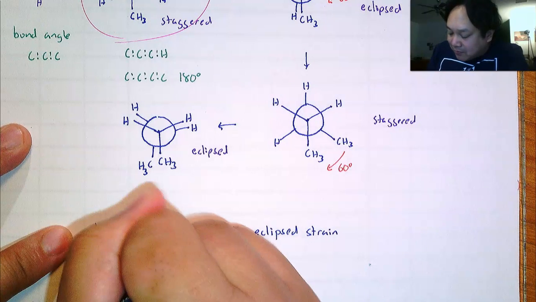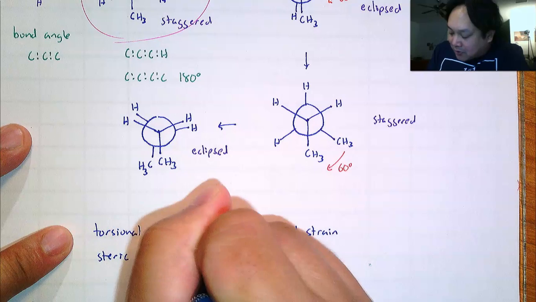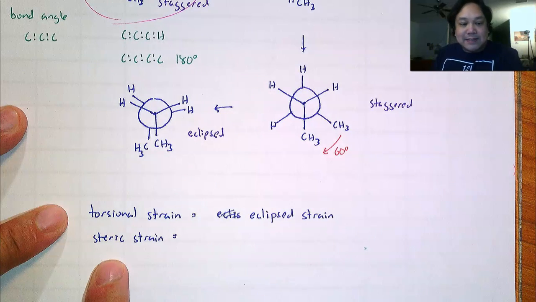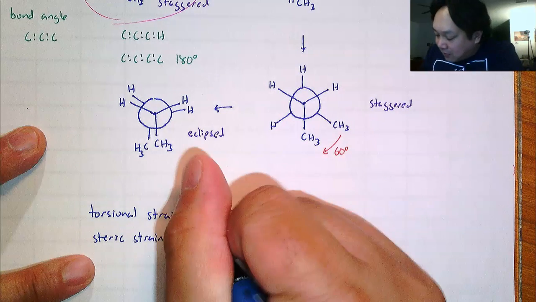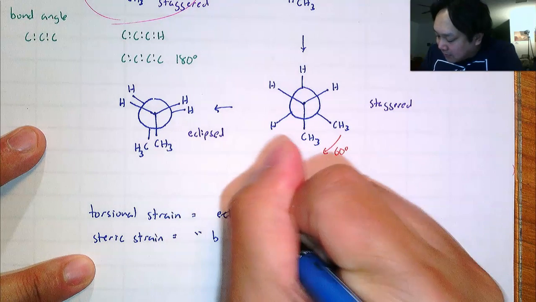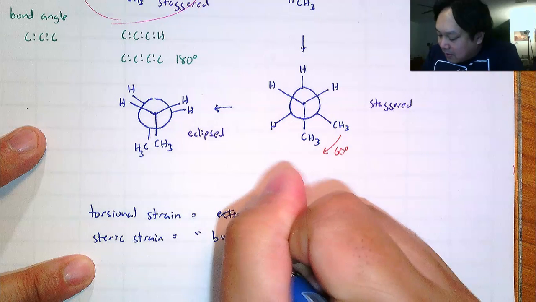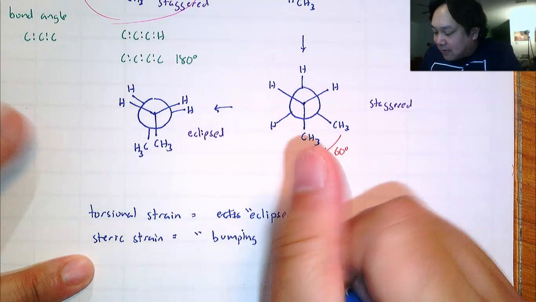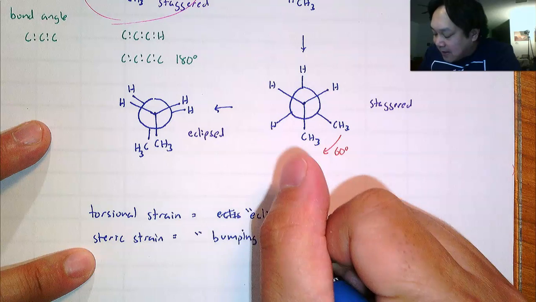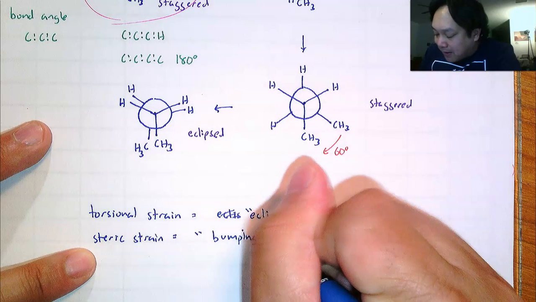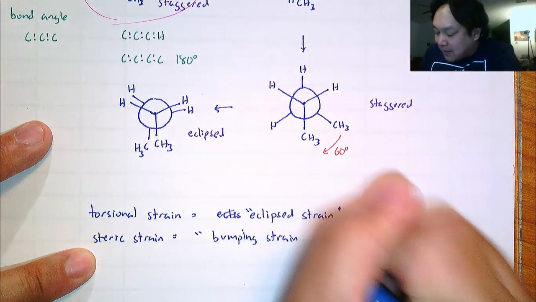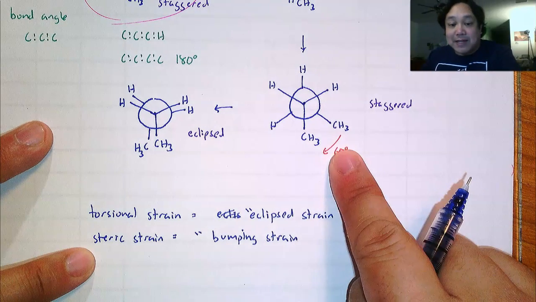And the bumping strain has a specific terminology, steric, S-T-E-R-I-C. And you could think of this, I'll put this also in quotes, as bumping strain. It's not the electrons that are repelling each other, it's the actual bumping of atoms that's making this conformation less stable.